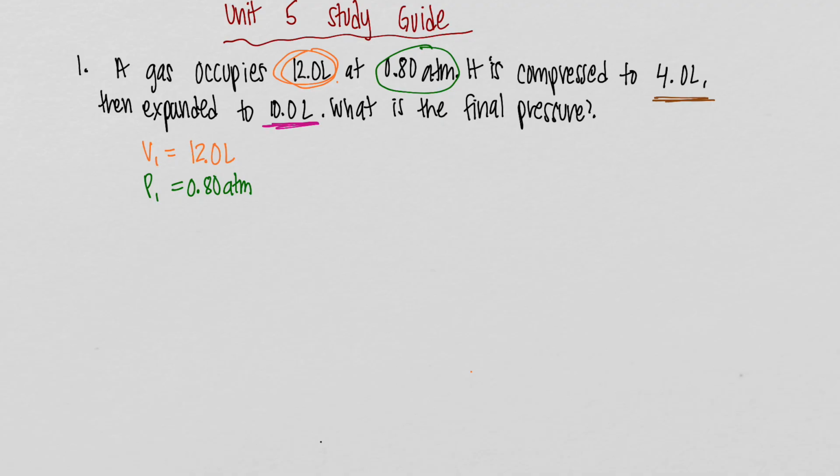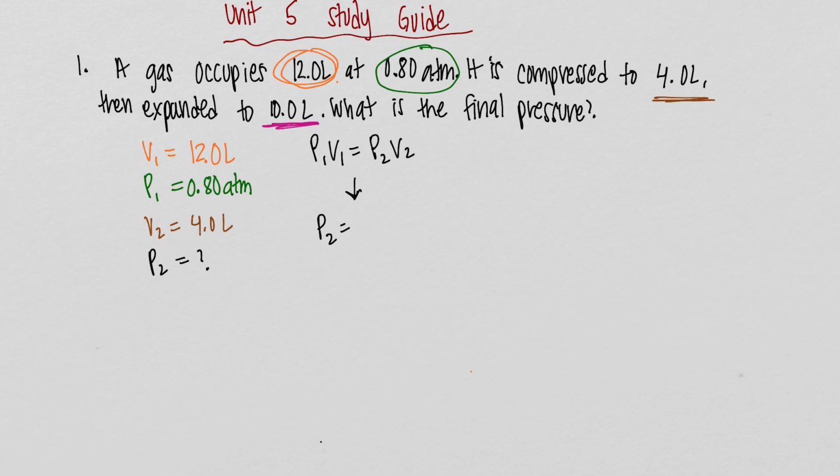So if I'm doing it the multi-step way, right, my V2 would be 4.0 liters, and I'm looking for P2. Because of the variables we're given and the units, we know this is Boyle's law. We need to look for P2.